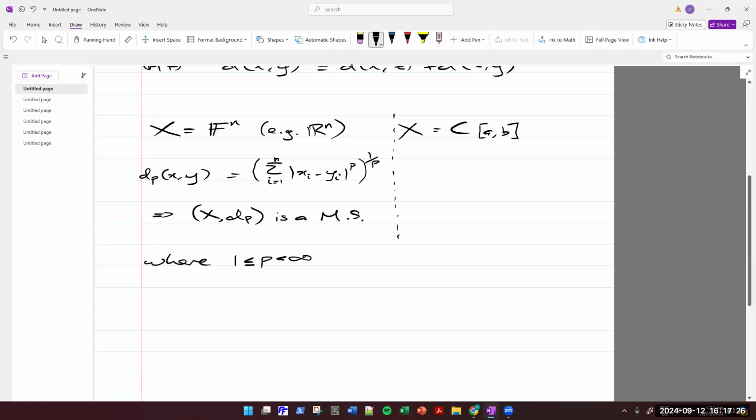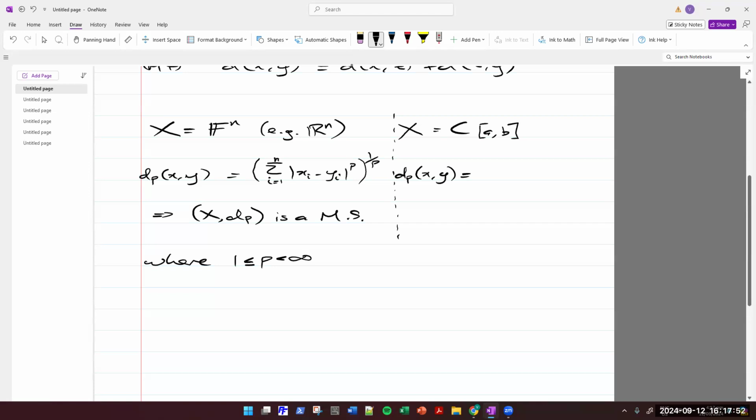If now the space is the space of continuous functions, then we could define a metric that looks very similar to the one in F to the n. Again, we use d sub p, but now you need to remember that in the space of continuous functions, your x and y are functions. So the points in this space are functions.